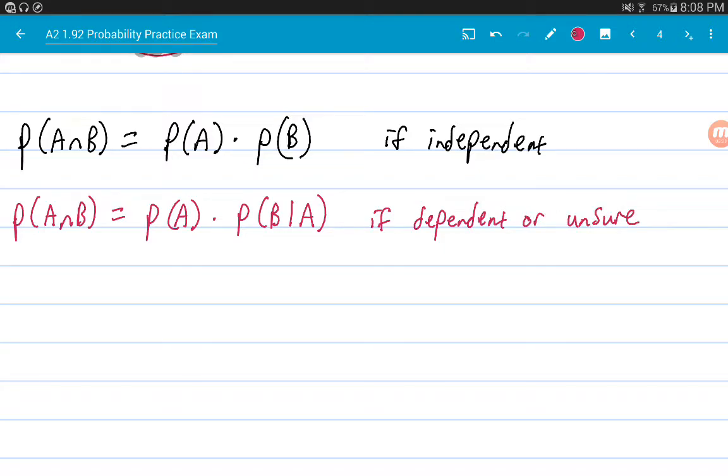So that's if you're dependent or if you're unsure. Now remember that independent means one trial does not affect the outcome of the other.